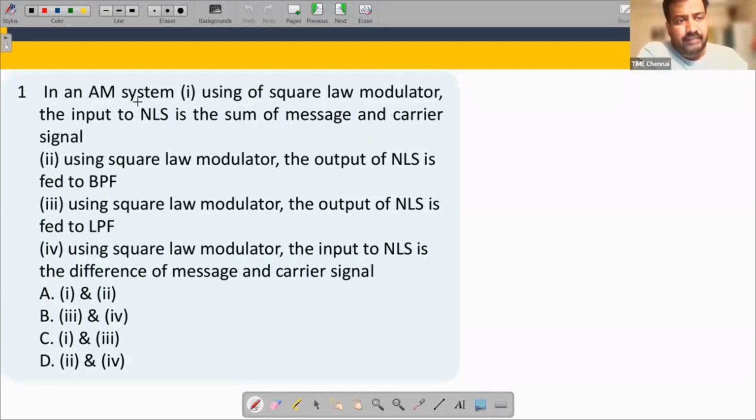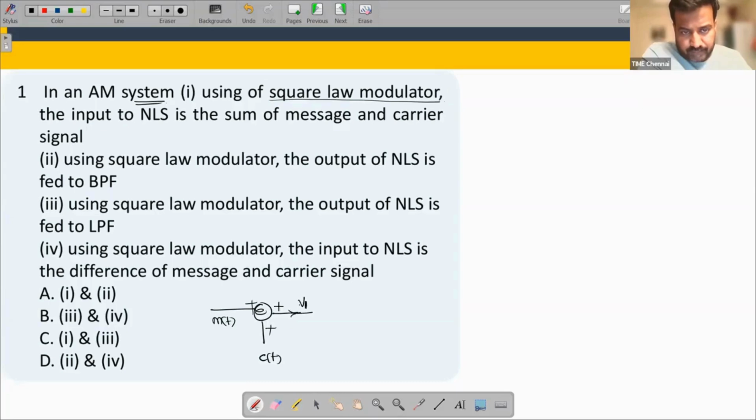So in an AM system, which is using a square law modulator, you know how a square law modulator looks like. You have a message signal, you have an adder to which you give the carrier signal.